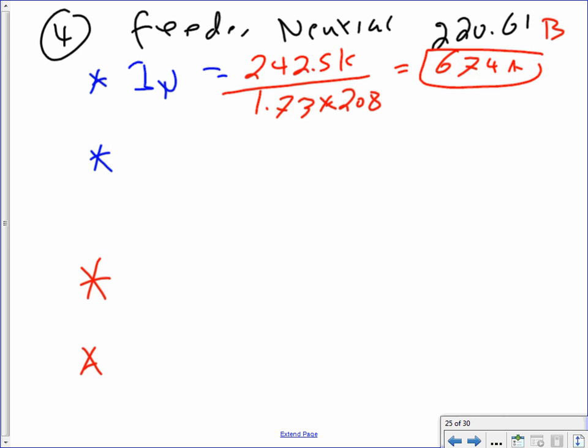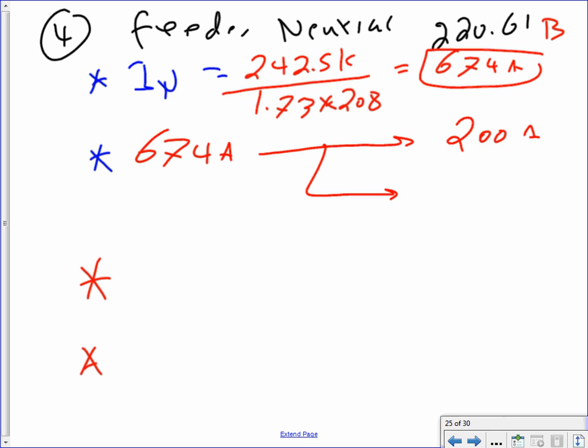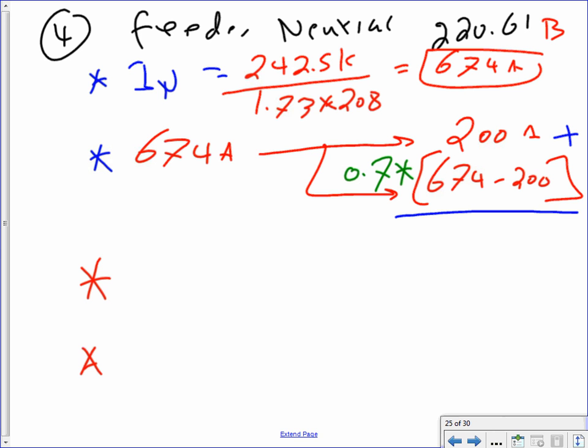So you take the 674 amps and do the rating. The first 200 amp shall not be touched. Then you take the 674 minus 200, and you cut that by 0.7, and then you add them up, and gentlemen, that will get you 532 amps.